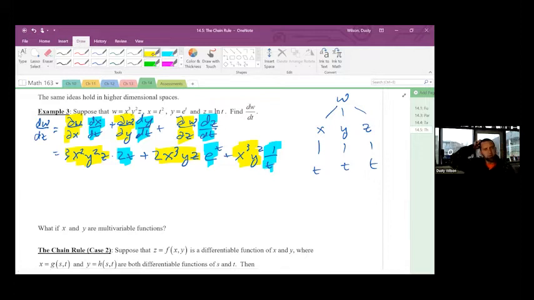So we found our derivative, but now it still has x's, y's, z's, and t's in it, and so we need to clean it up and get it into just one variable, t. And so all the x's are going to be replaced by t squared, all of the y's will be replaced by e to the t, and all of the z's will be replaced by ln of t.